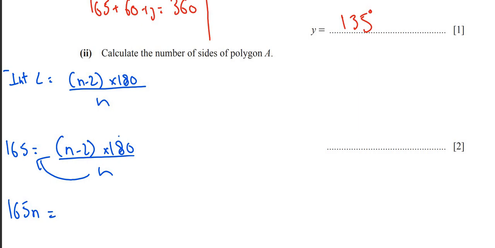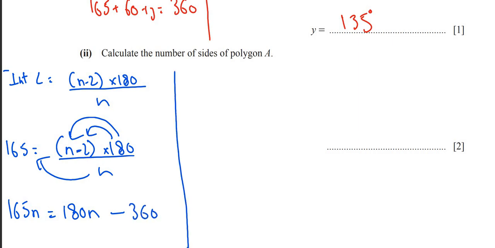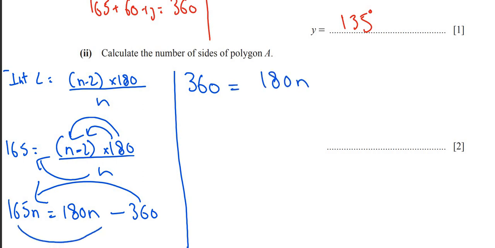So this means 165n is equal to 180 multiplied by n, which becomes 180n, minus 180 multiplied by 2, which becomes 360. But because we have the negative sign, it's negative 360. Now the best way is to send 360 over there. So it becomes positive 360 is equal to 180n, and shifting 165n over here, it becomes negative 165n.